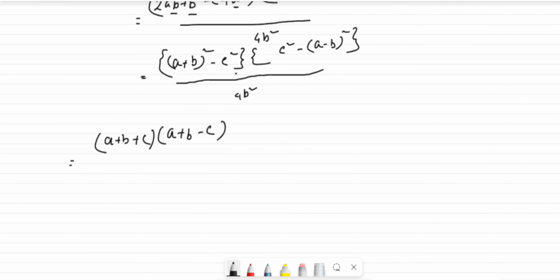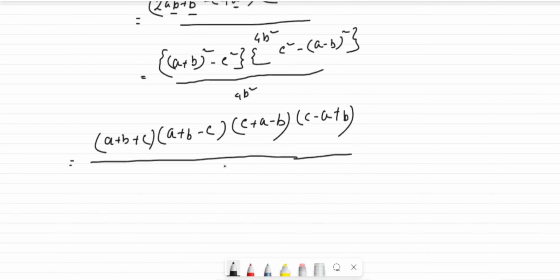For this one, a square minus b square means a plus b plus c into a plus b minus c, and for this one it would be c plus a minus b into c minus a plus b, by 4b square.